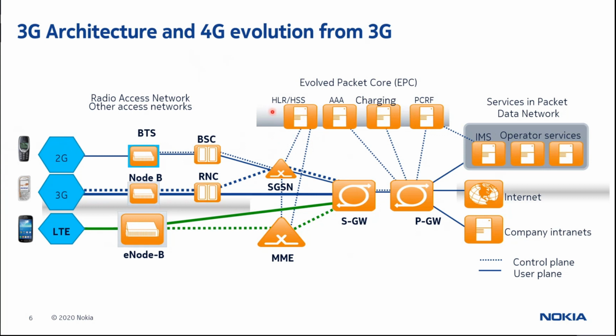So HSS or HLR is that kind of an entity which is acting like a permanent database for the subscribers whenever they procure services through a SIM card. So for that particular SIM card, there will be subscriber related information, what kind of an IMSI. We call it IMSI.